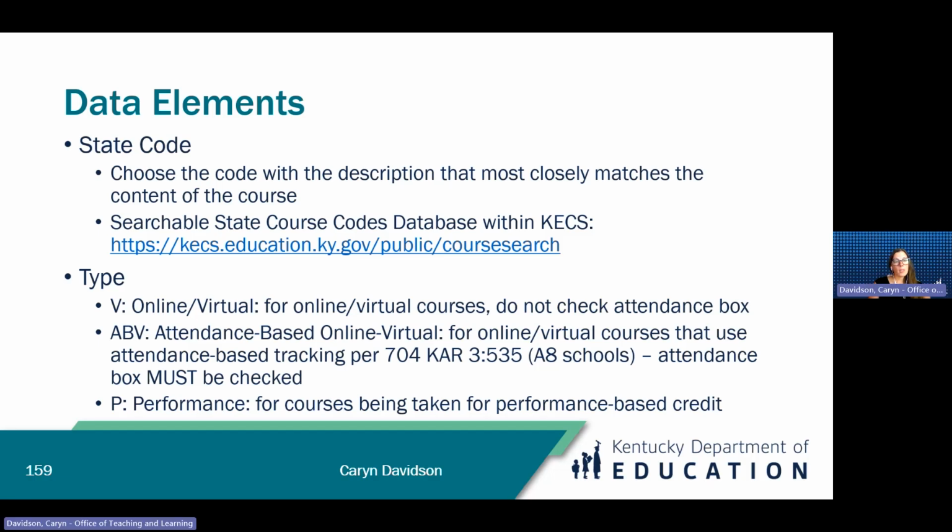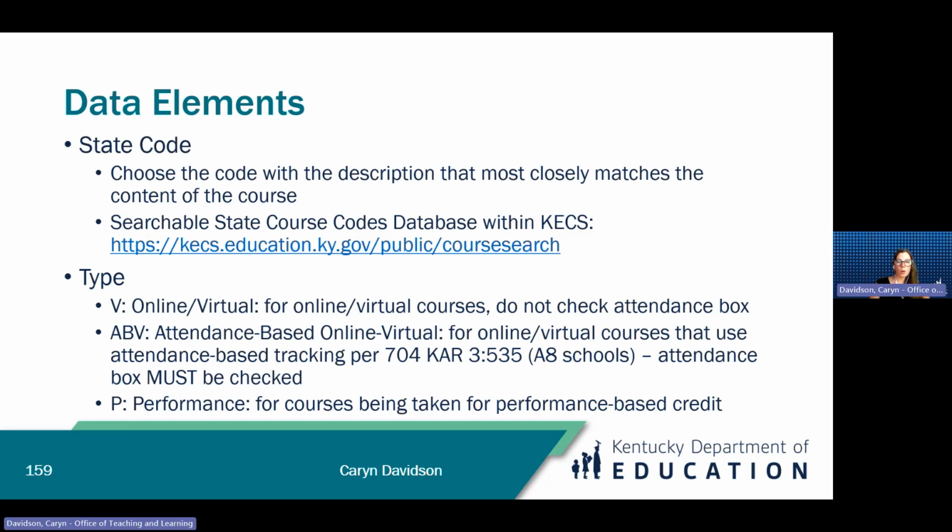Then we also have the attendance-based virtual, or ABV. This is for our full-time virtual schools, academies, and programs connected to our 704 KAR 3:535, which includes A8 schools. The attendance box must be checked for these courses.